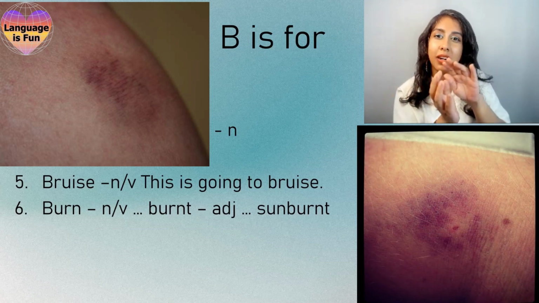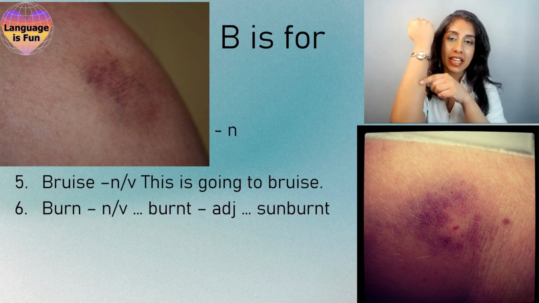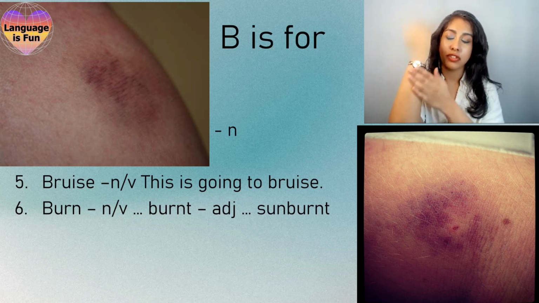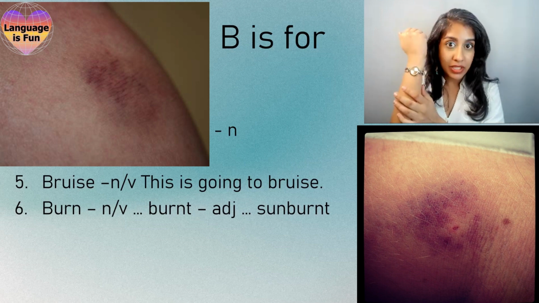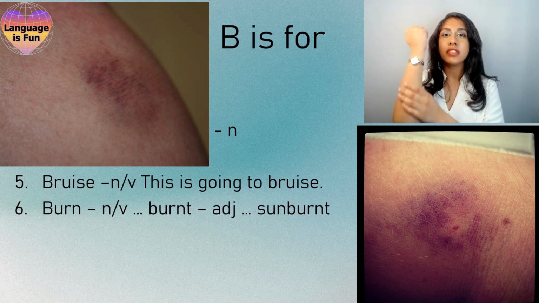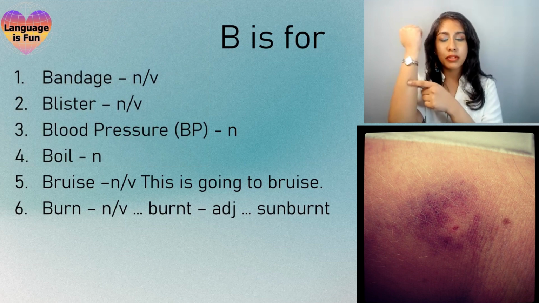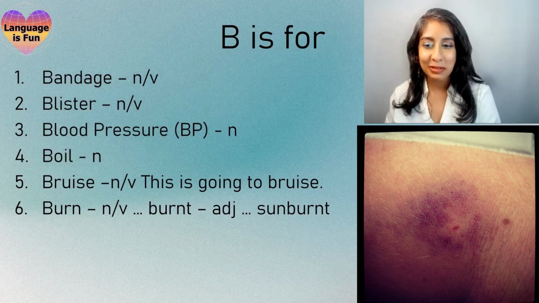Sometimes it can also become green, right? It changes color because inside your body, not outside, your blood vessels have been cut. There's no cut outside, but your blood vessels inside were damaged. So the color of your skin changes. And when you press a bruise, it usually hurts. So don't press any bruises.